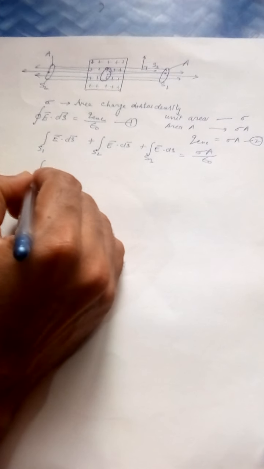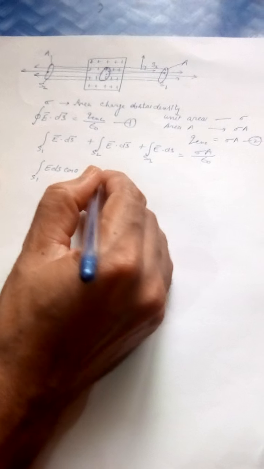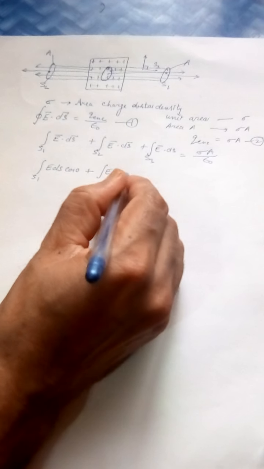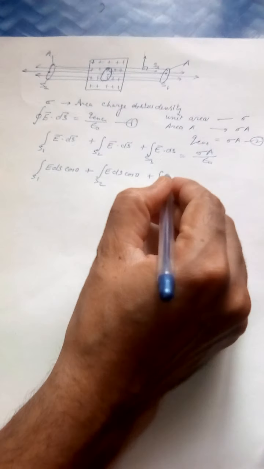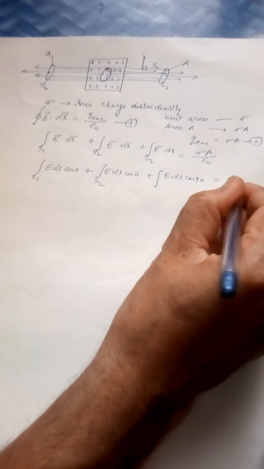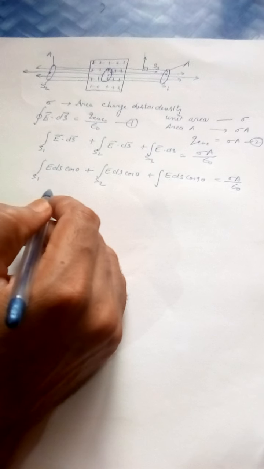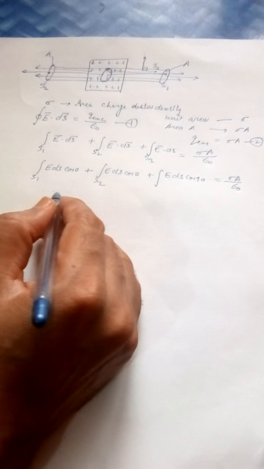Now for the first surface, what is the angle? 0 degrees, so it will be E dS cos 0. For the second surface also, what is the angle? 0, E dS cos 0. And for the third, what is the angle between E and dS? 90 degrees, so this will be 0. The first two give E dS cos 0 plus E dS cos 0, which adds up to 2 E dS cos 0.